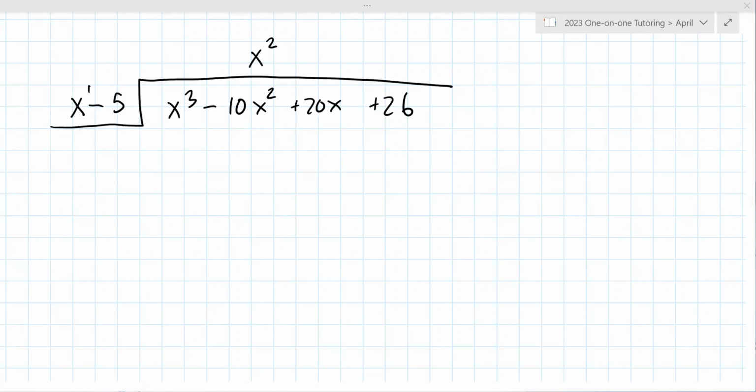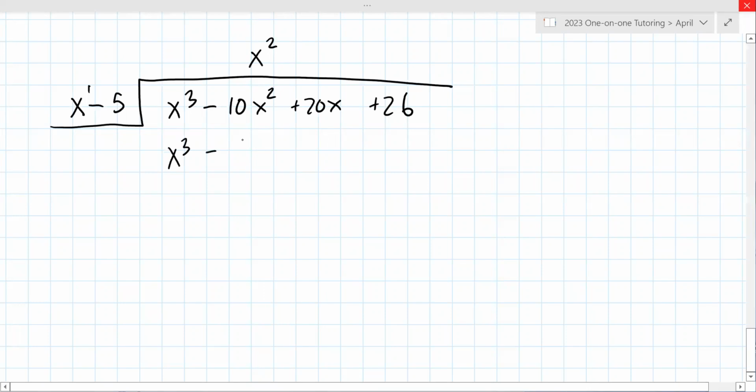Yeah, you're going to multiply both x and the minus 5. You've got to multiply both of them. And then the x and the negative 5 would be negative x, but you would change it to positive x squared, and then you add together.